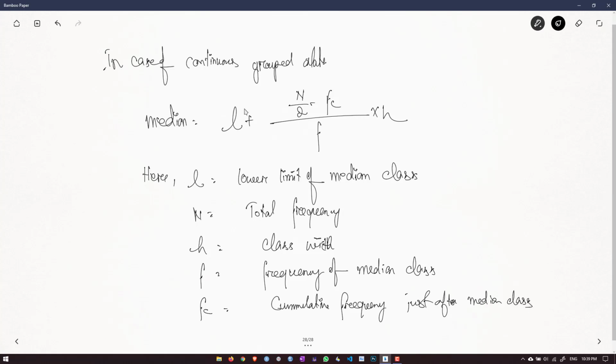So the different terms or different symbols have different meaning. This L is lower class limit, this capital N is total frequency, this H is class width, this F is frequency of median class, this FC is cumulative frequency just before the median class. Okay.